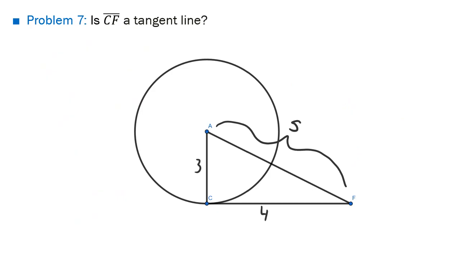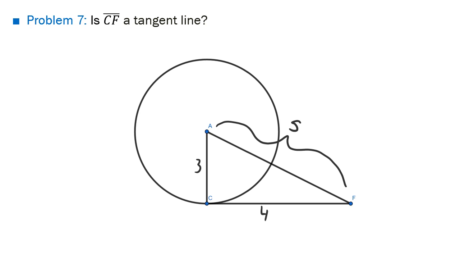All right, is CF a tangent line? So in this question, what you're really asking is, do you know if this triangle is a right triangle? If it's a right triangle, then you'll know that angle C is 90 degrees.